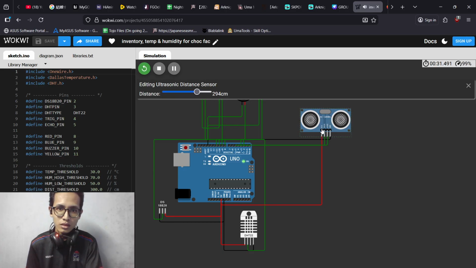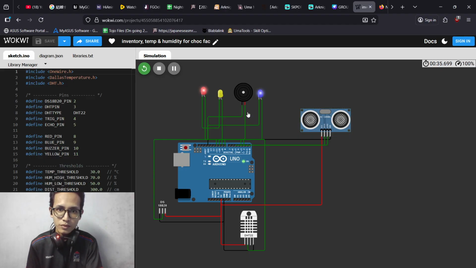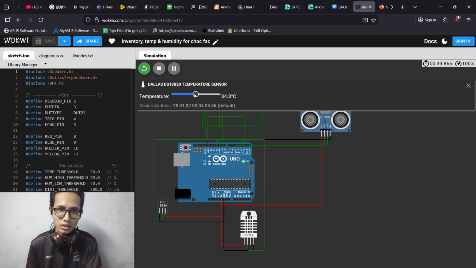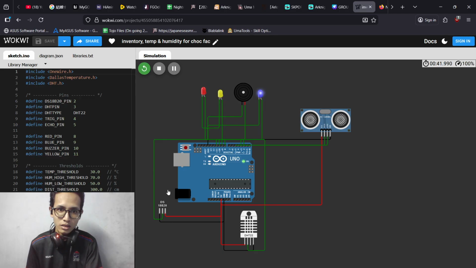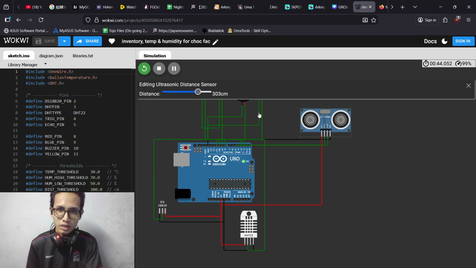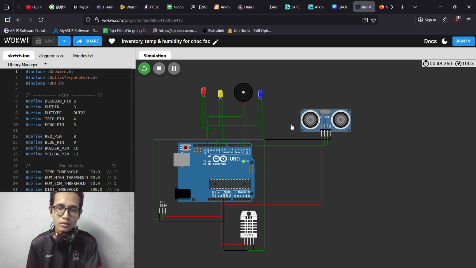And let's crank this up to more than 300. The blue activates, and if it's less than 30, then it deactivates.